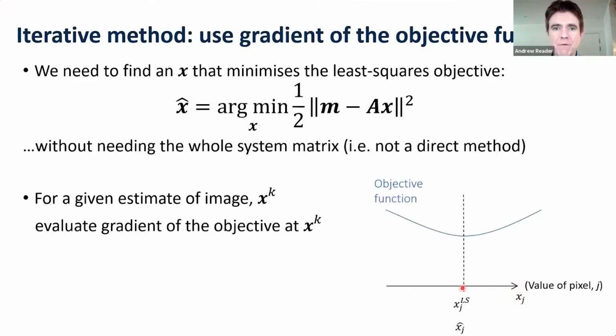Obviously this is a very high dimensional vector space in reality, with tens of thousands of pixels or voxels, but I'm just showing one of them here. And I'm showing the value of the least squares objective function as I change the value in a pixel. Given some initial estimate or guess of what the image is, I'm guessing a pixel value here.